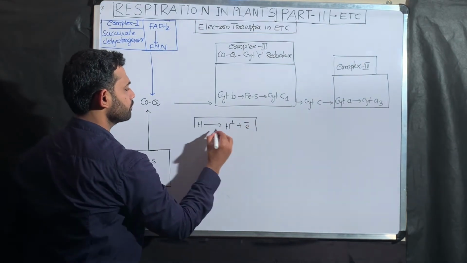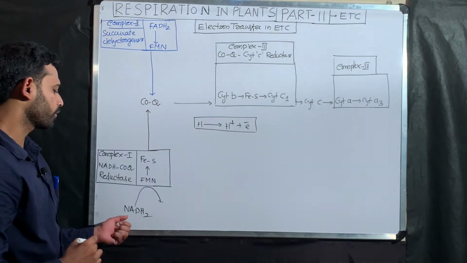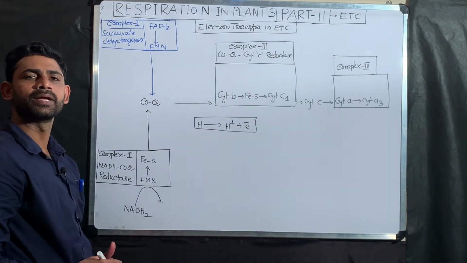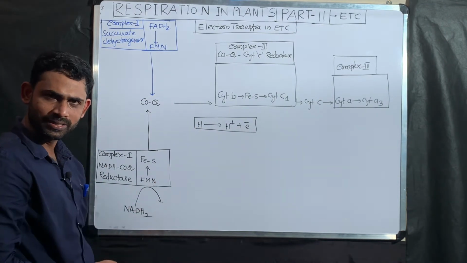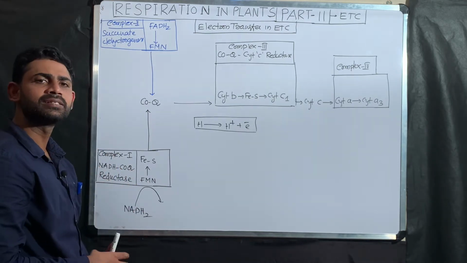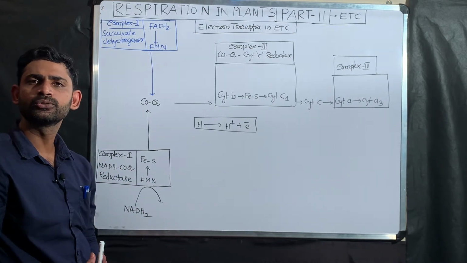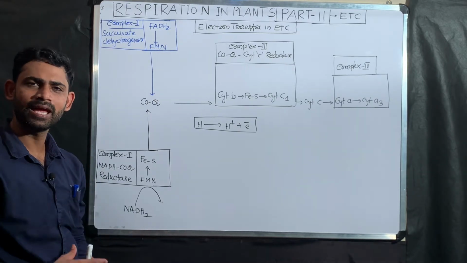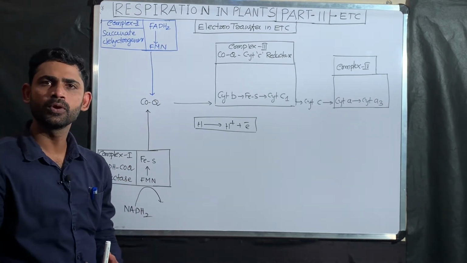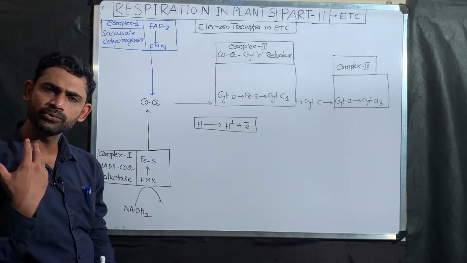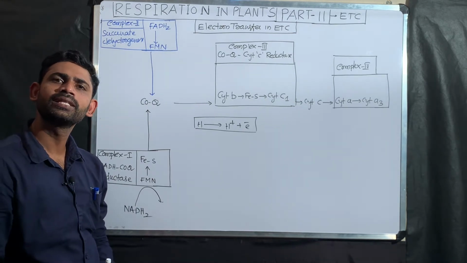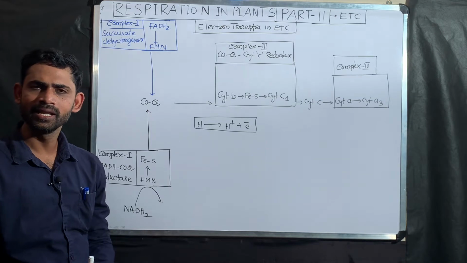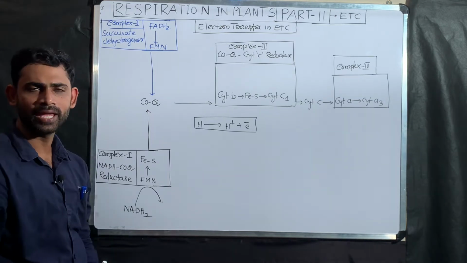Here you will get a doubt: from where is this NADH2 coming? Immediately tell your brain that so many NADH2s are produced in the Krebs cycle and glycolysis. What is the aim of the electron transport chain? The NADH2 and FADH2 produced during glycolysis and the Krebs cycle are going to be converted into the form of ATP.